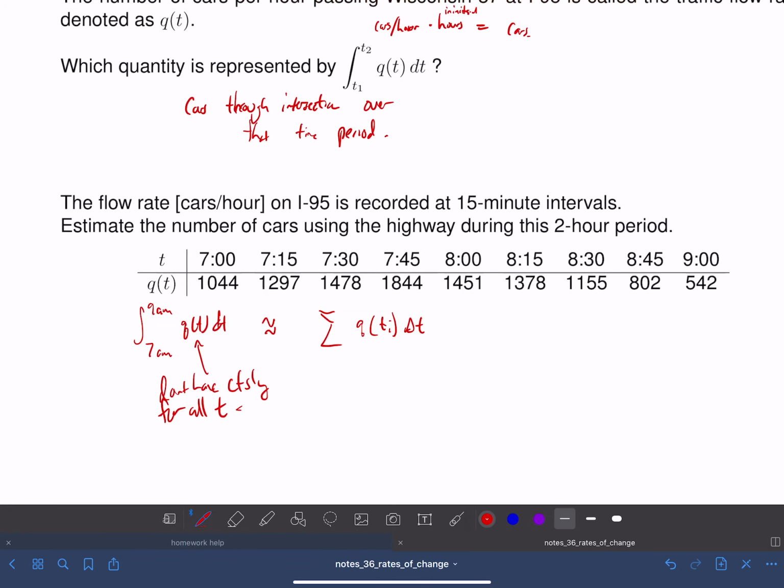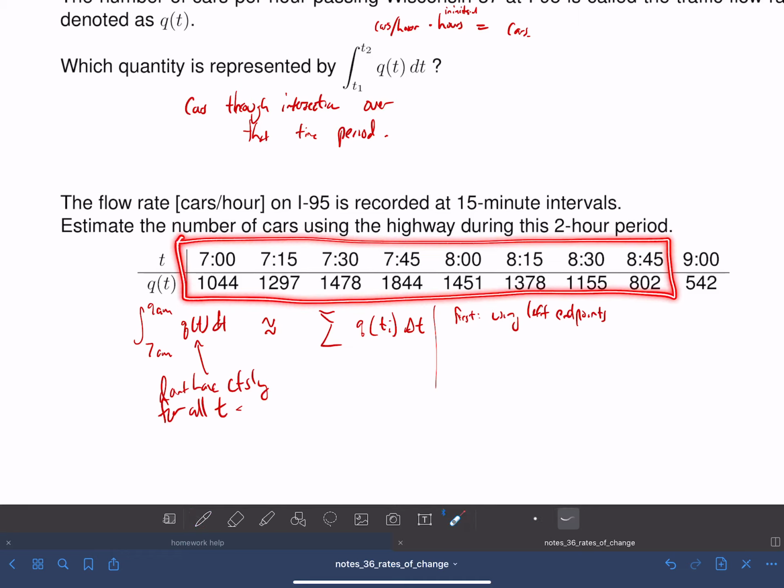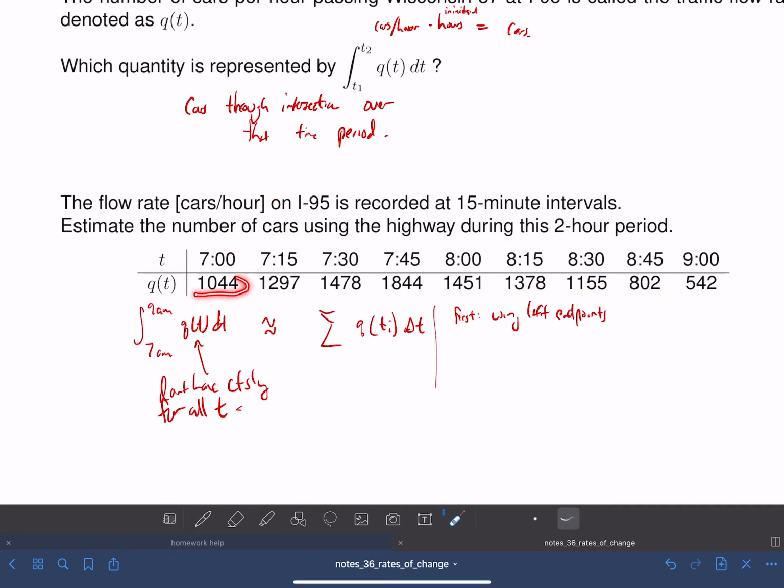In particular, we are going to estimate it, let's say using the left endpoints. So that's going to be this part of the box right here. So at the beginning of every 15-minute period, we're going to suppose that the rate was constant for that 15-minute period. And then we'll do it for the right endpoints.